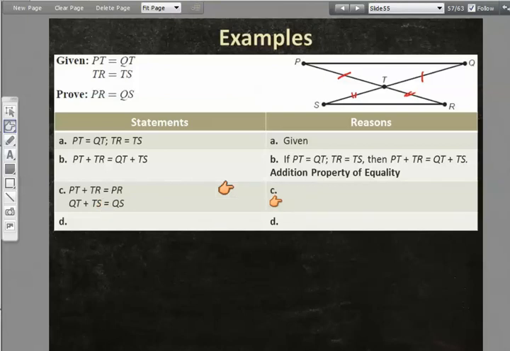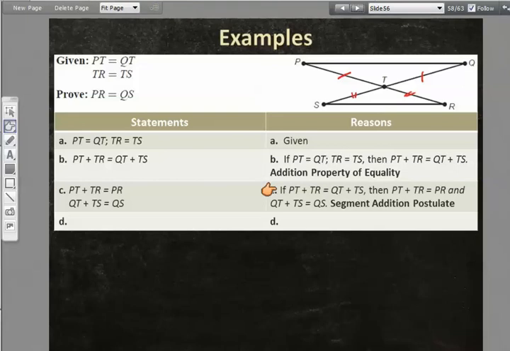So look, my if-then statement, if PT plus TR equals QT plus TS, then PT plus TR equals PR, and QT plus TS equals QS. So, if PT plus, oh, I'm not going to read all that again. Whew, that's a lot, too many T's, R's, Q's, and S's. This is going to be your segment addition postulate. You remember that one? That's like the angle addition. Because here we said PT and TR equals PR. Right here, segment addition postulate.